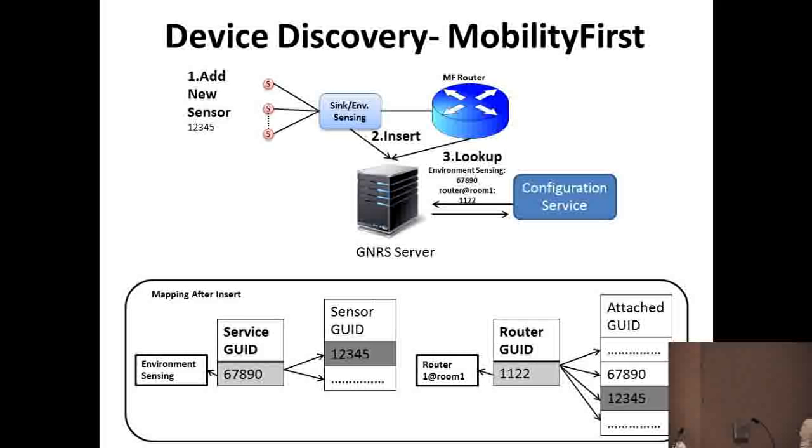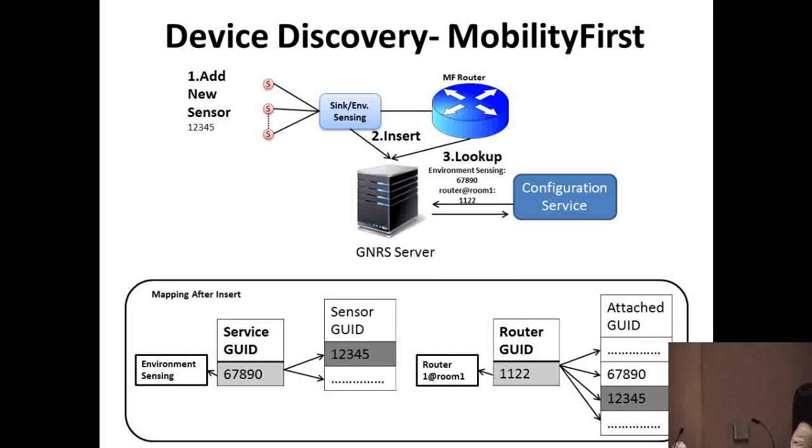One is what we call service. Based upon which service this sensor provides, this sensor will be merged into the service group, because there could be several temperature sensors, and 12345 will be one of them. Within MobilityFirst, we do have service GUIDs, so each type of service also has a separate GUID.